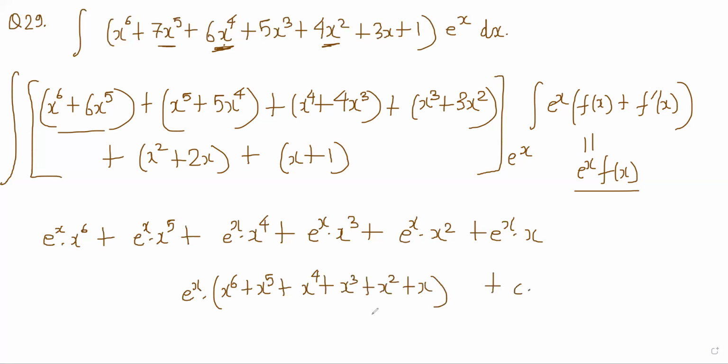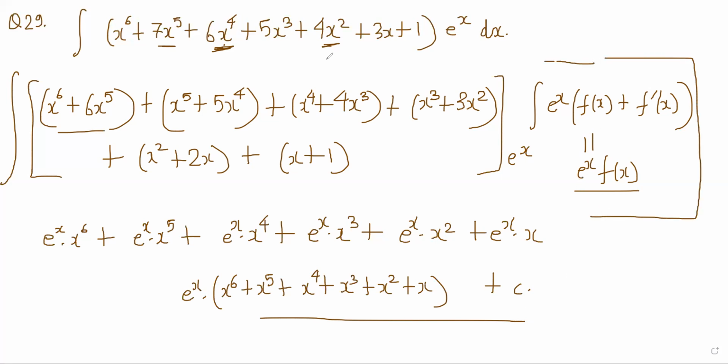This is the answer for this integral. So notice how we got it. We are just repeatedly using this property, this standard integral. We are trying to group the terms in such a way that it works out here, right? So grouping the terms in that way, you'll realize that all of it is designed in a way that it immediately becomes f x plus f dash x in each of those terms. Okay, let's move on.